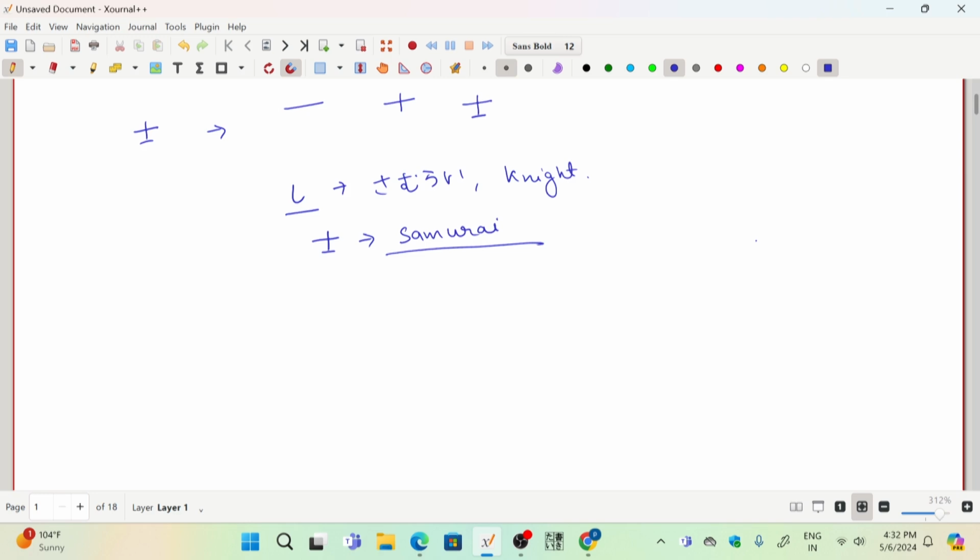Earlier, Japanese society was divided into 4 classes: Shi, No, Ko, Sho.